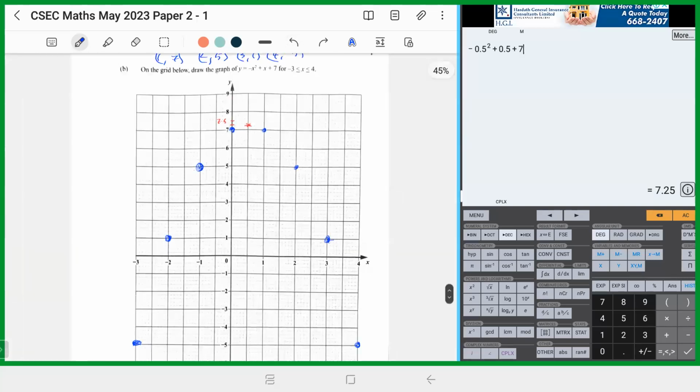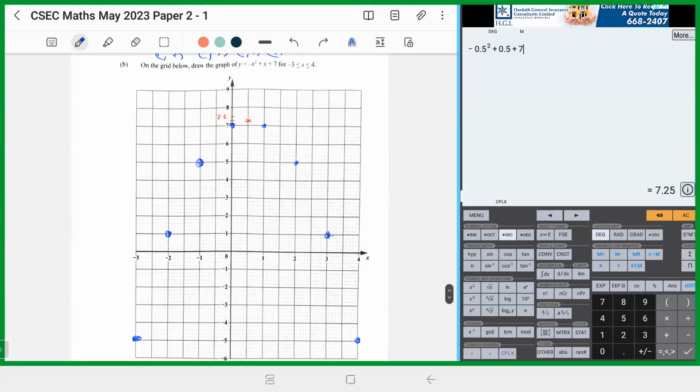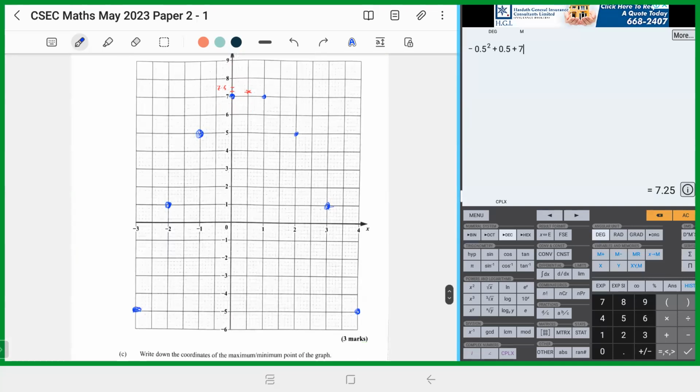All right, and that's how CSEC is setting this question these days, testing your knowledge. If you know that there's a vertex point, I have to calculate that vertex point. All right, so a smooth curve to the points. Just draw a smooth curve as best as you can to the points. That's not looking so good.